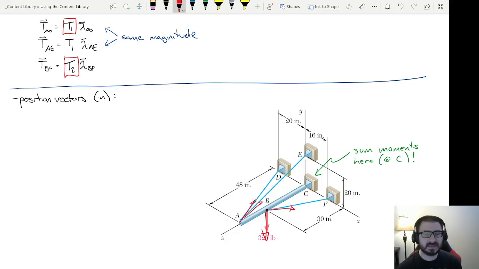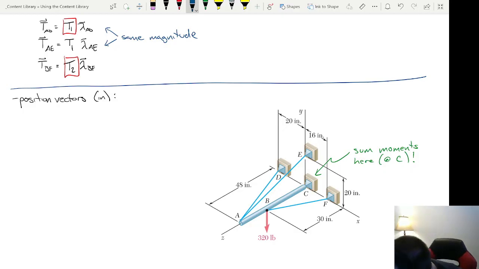But the good news is that I really only need 2 position vectors since we have pairs of forces that each intersect at given points. So what I'll do is I will define 2 position vectors.